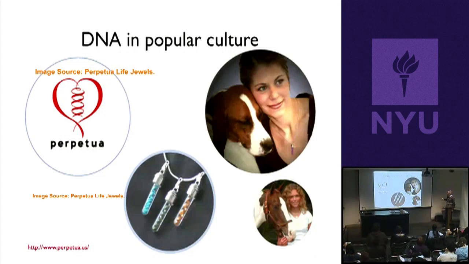You send it to the company, and they isolate the DNA out of those cells, and they turn it into this fancy little structure here. They encapsulate it, and then you could wear it. That keeps your pet close to you at all times. And I guess if your pet runs away, you have some way of maybe identifying it when you try and get it back.